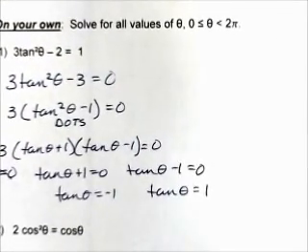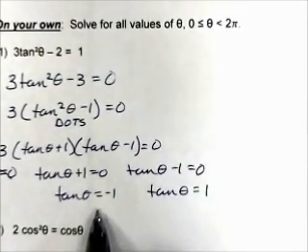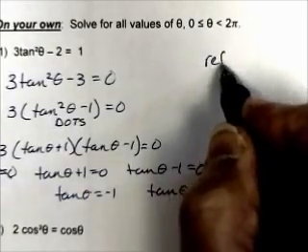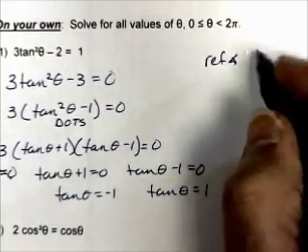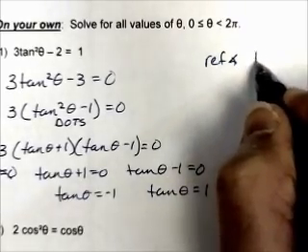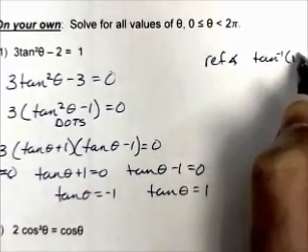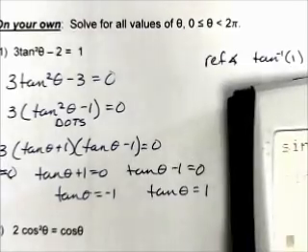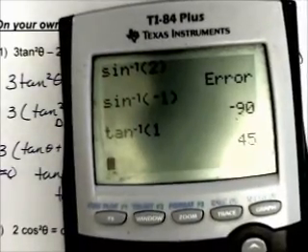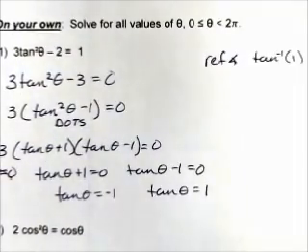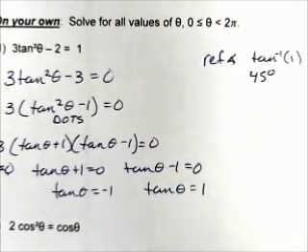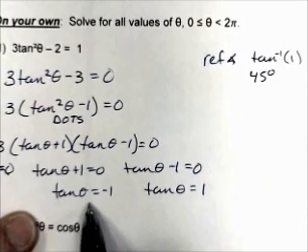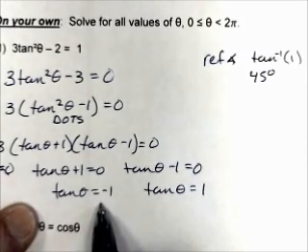Okay. Well, the nice thing is our reference angle is going to be the tan inverse of 1, which we just did on the other side and still on my calculator. So it's 45 degrees. So we have a 45-degree reference angle. And for negative, tangent is negative in what quadrants?